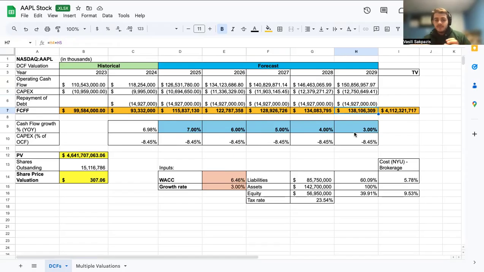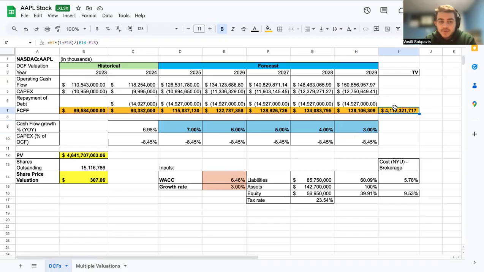In the DCF, you have your forecast, but then you have the terminal value. And the terminal value is estimating the value of everything at the constant growth rate. So in 2029, we expect it to be 3%, right? And we're making the assumption that it's going to be a continuous growth rate of 3% from 2029 till forever.